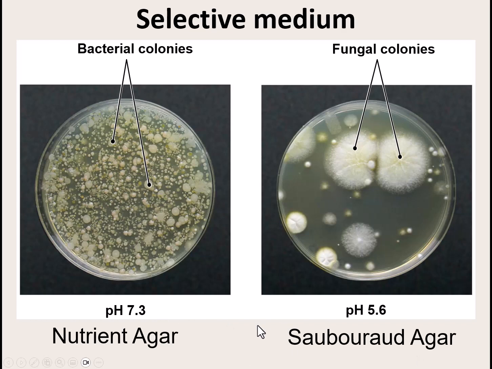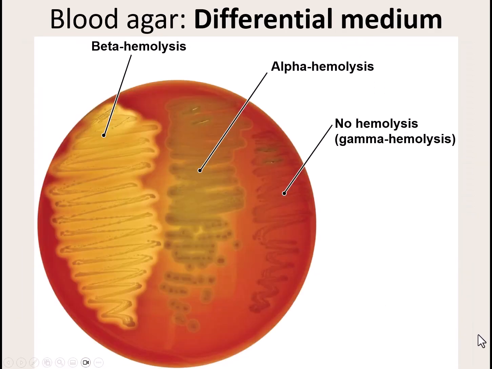But if we can inhibit the bacteria from growing, because they cannot grow in that low pH, the fungus can. And so now we can actually see fungus growing. So it's selective because we are selecting for fungal growth by having an inhibitor of bacteria.